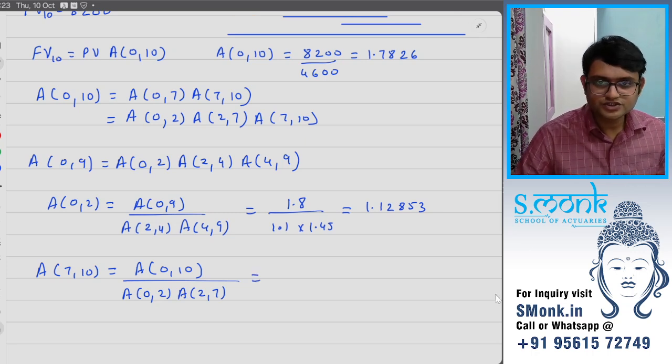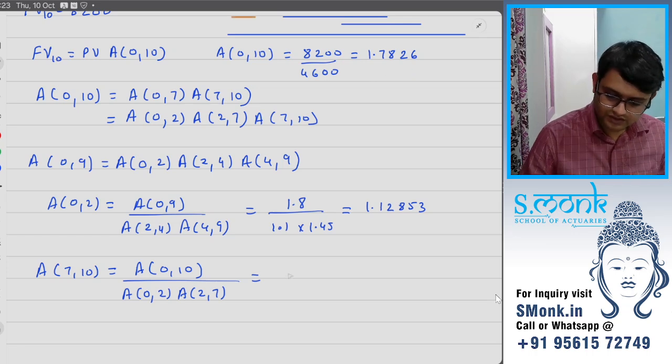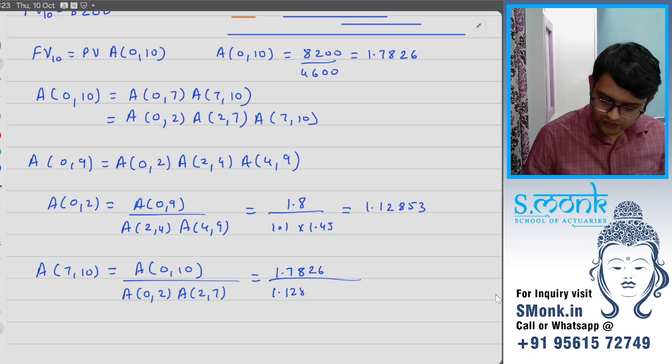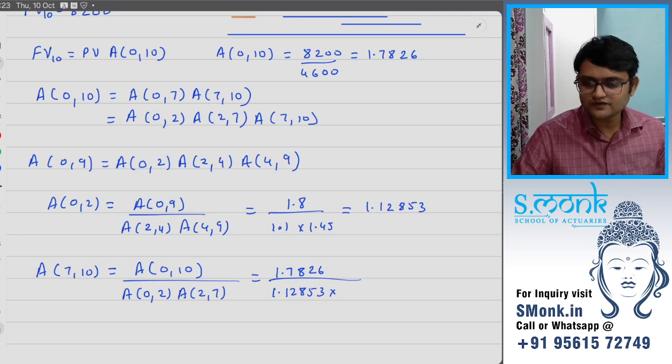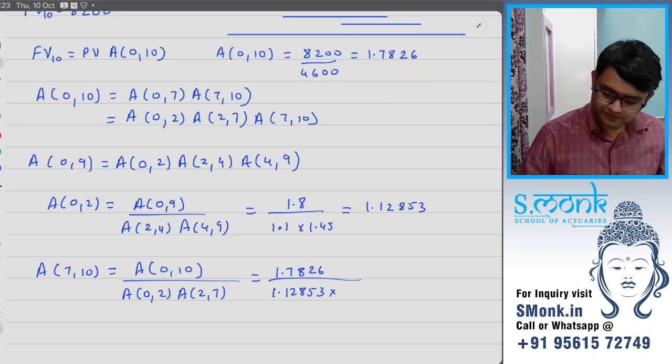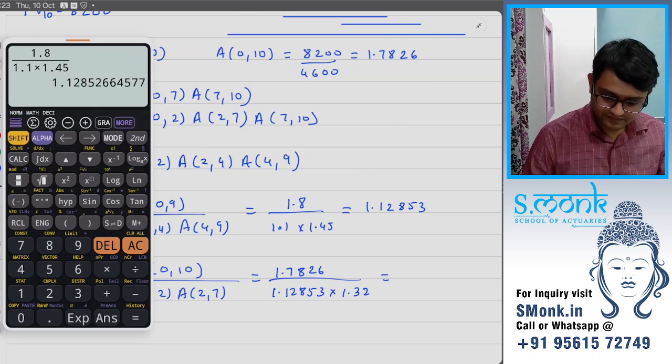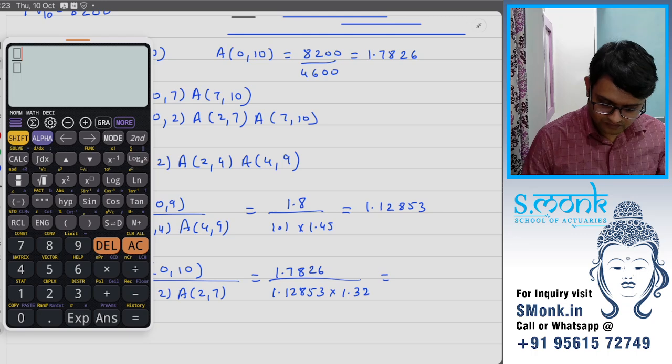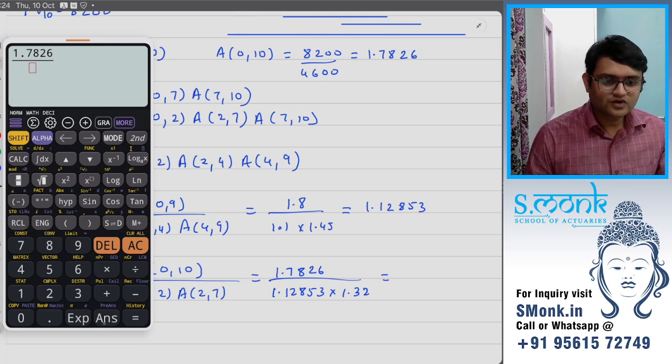Again we'll look up the question. 7 to 10 was what we found out here. 0 to 2 also we know, 1.12853. 2 to 7 we'll look up in the question. 2 to 7 was 1.32. Now in our calculator there is an answer key.